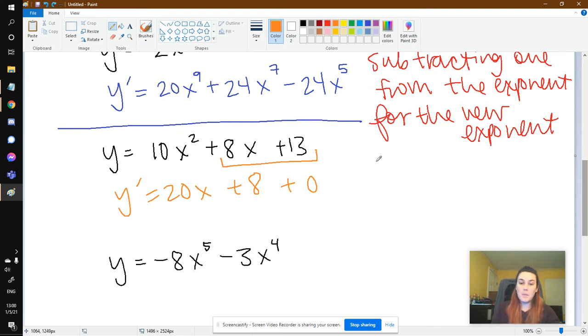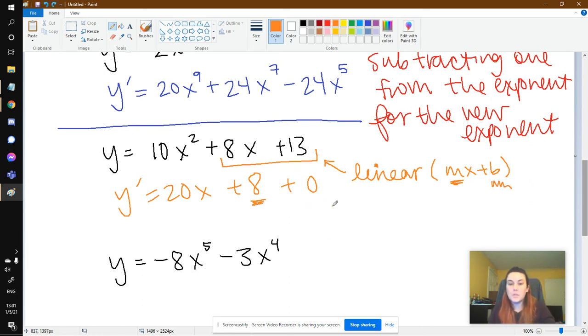But I would much rather memorize that this portion is linear, right? This portion is in mx plus b format. So the m is going to be our slope. And this part isn't going to give us any slope at all, so it goes to 0.